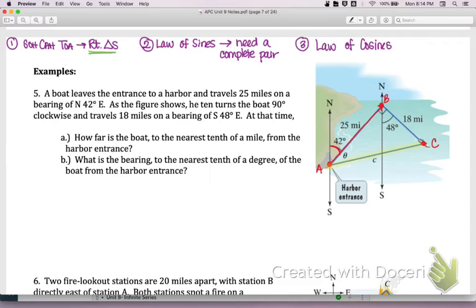Let's see, what else do we know here? And here's where some of your geometry is going to have to come back. This angle right here is also 42 degrees. Now, how do I know that? Because those two north-south lines are parallel. They have to be.